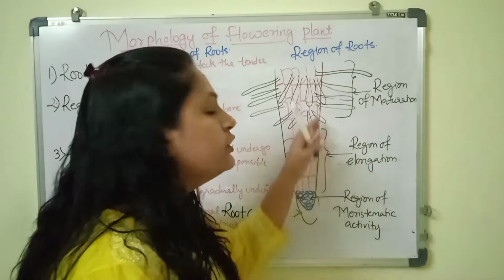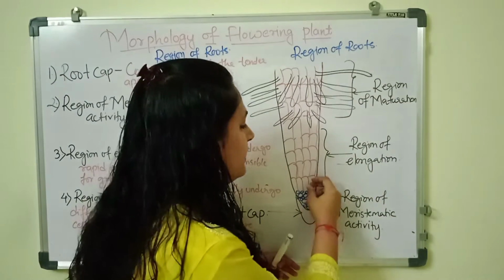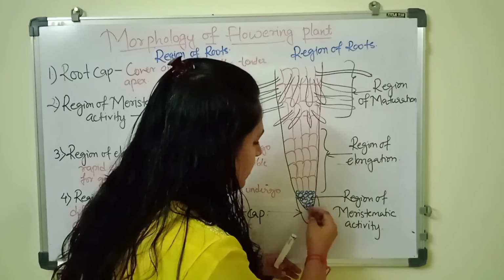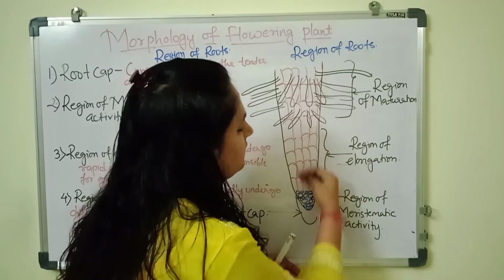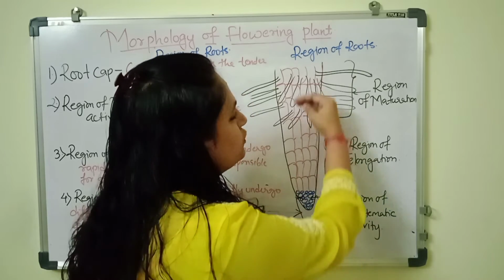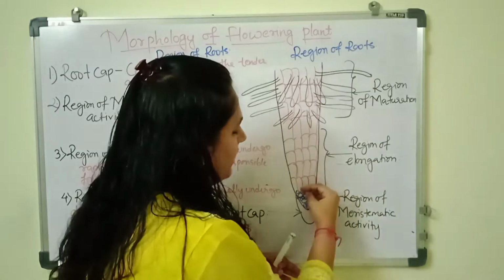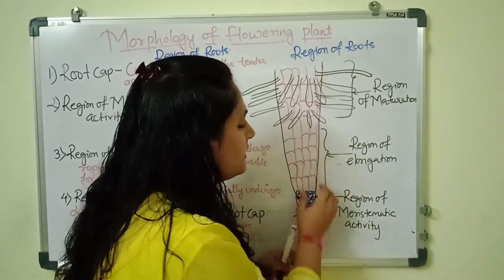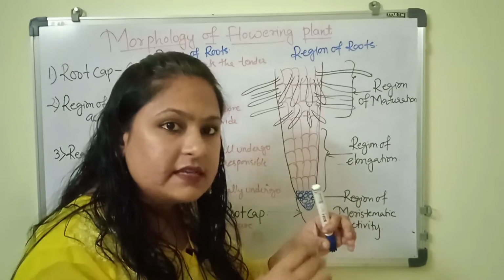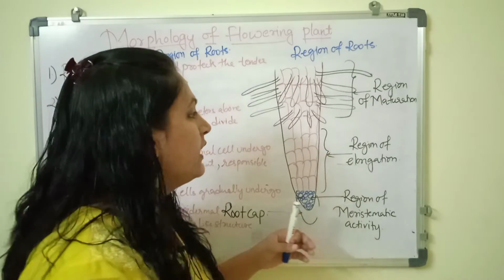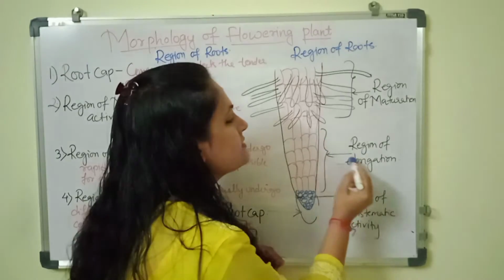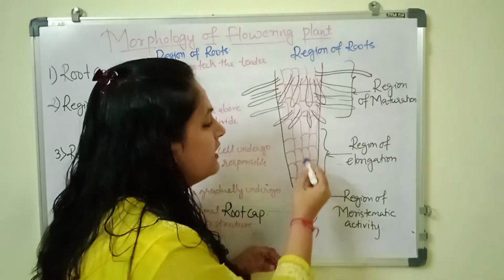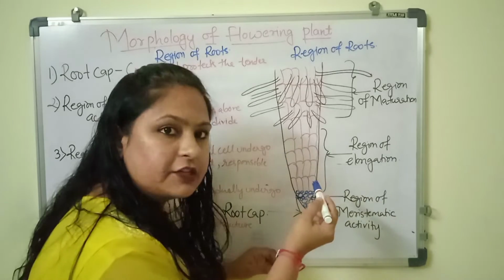As new cells are formed, the upper cells keep increasing and moving upward, while below, cells keep getting added, and hence the length of the root increases. This region is called the region of elongation because the meristematic cells undergo elongation and enlargement.